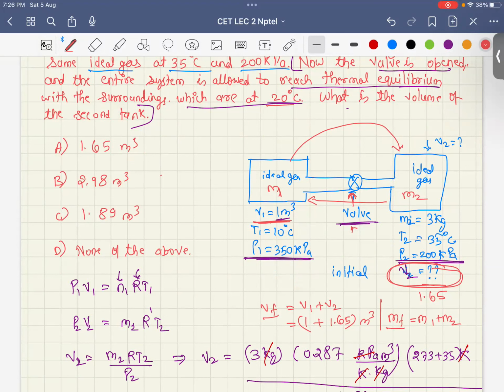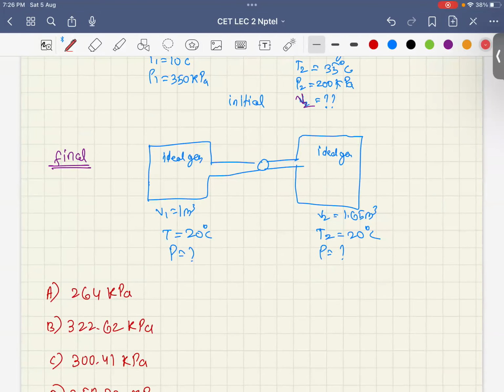And you are already given the final temperature, so you know TF as well. And it is already given that this gas is an ideal gas. So for the final system, you know TF, which is 20 degrees centigrade. You know the final mass, which is m1 plus m2, and you also know the final volume, which is V1 plus V2. So for this entire system, you apply the ideal gas law.